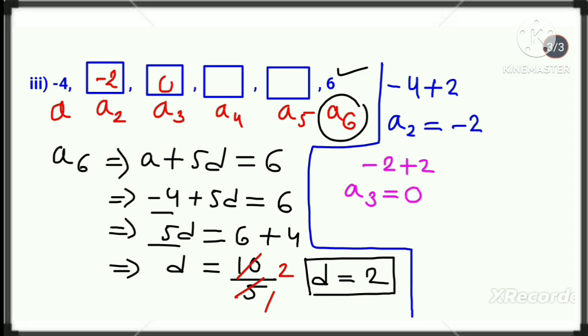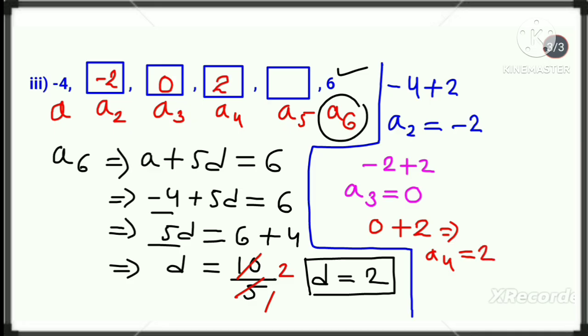Similarly, when we add the common difference to A3, we obtain our fourth term, which will be 2.